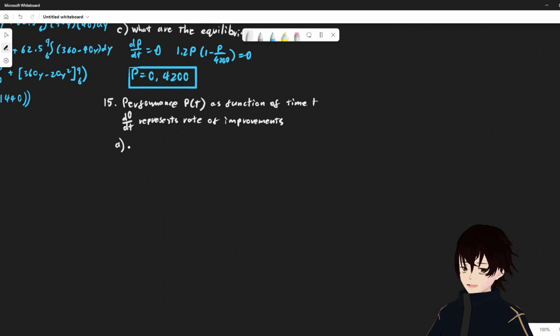Multi-part question once again. Part A. When do you think P increases most rapidly? What happens to dP/dt as t increases? I think this is an open-ended question.